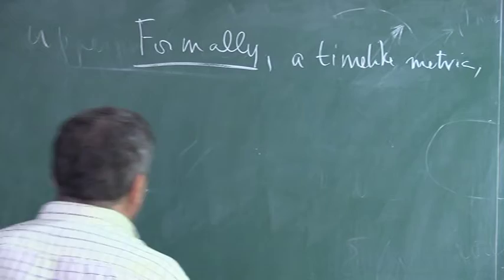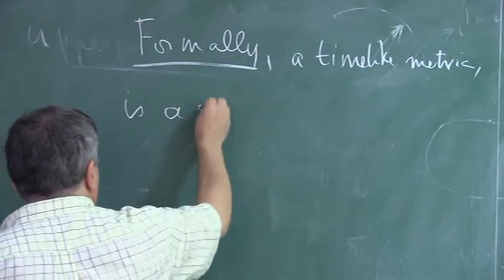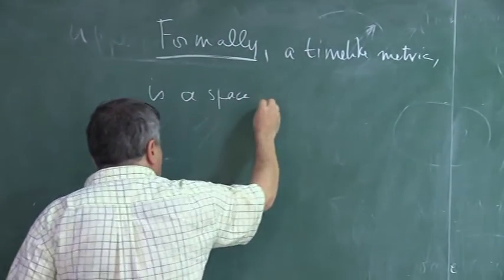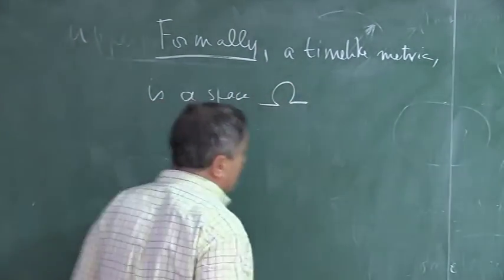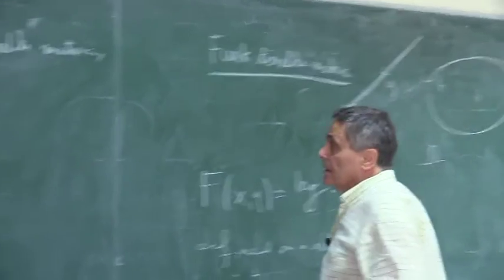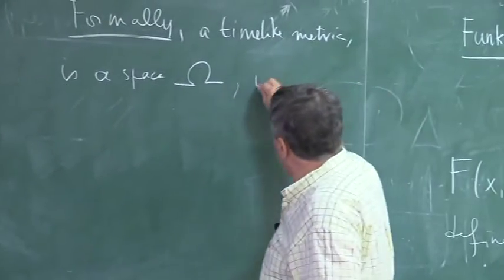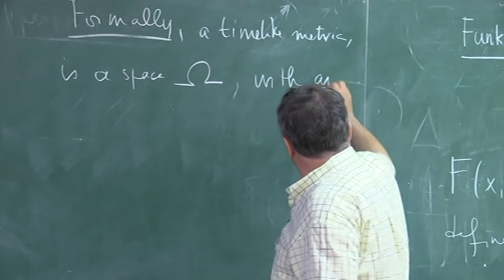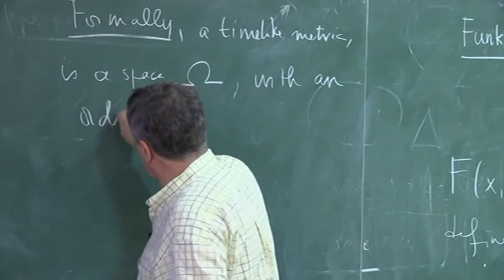A time-like metric is a space, say, omega. Here, omega is the exterior of this disk, equipped with an order relation.